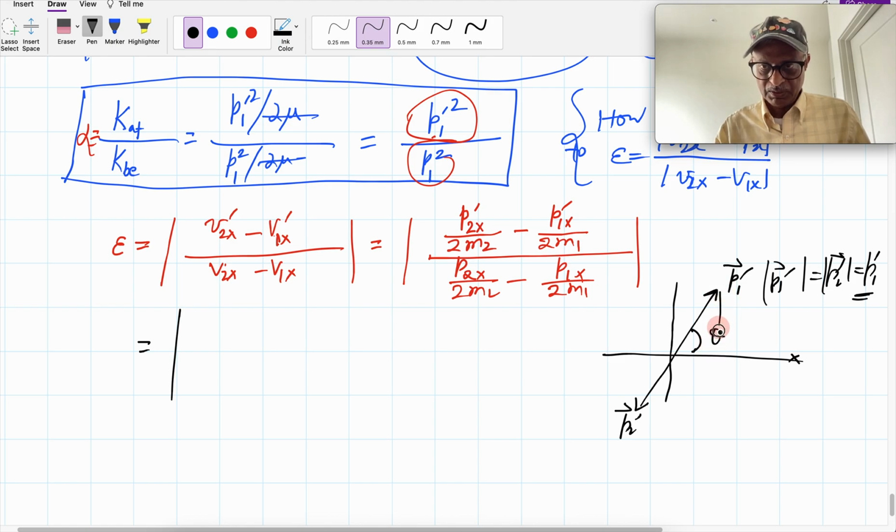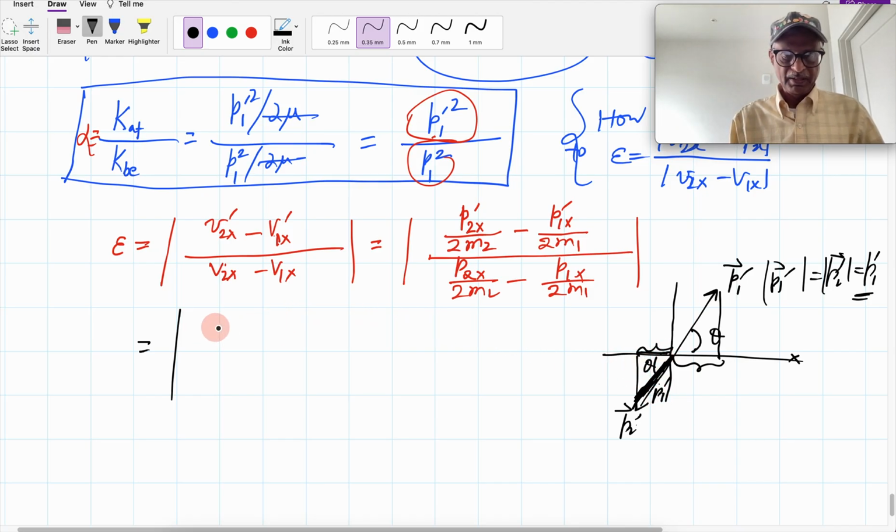So this one is this much, and this one is this much. So p2 prime x, this is theta, and this distance is p1 prime, and so this one is minus cosine theta.